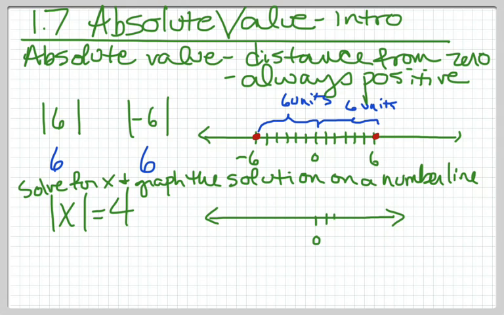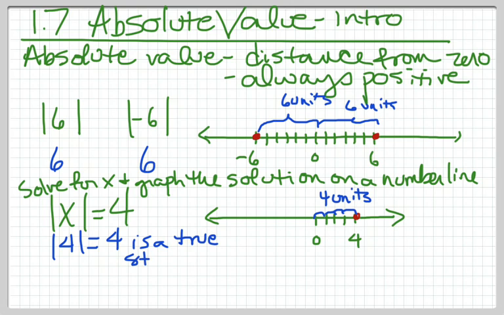So there's our number line. 4 is definitely 4 units from 0, but also there's another number that's 4 units from 0. That's part of our answer, but negative 4 is also 4 units from 0.